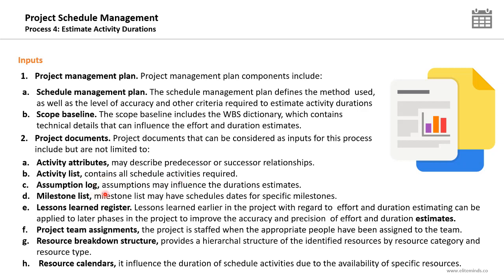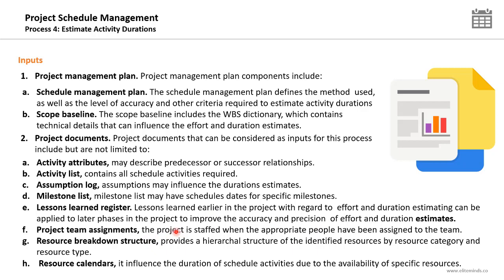The assumption log with all assumptions that might impact the duration estimates. The milestone list. A milestone is a significant event, and the milestone list may have scheduled dates for specific milestones which we need to consider. The lessons learned register, in case there are any lessons learned about effective techniques for estimating.